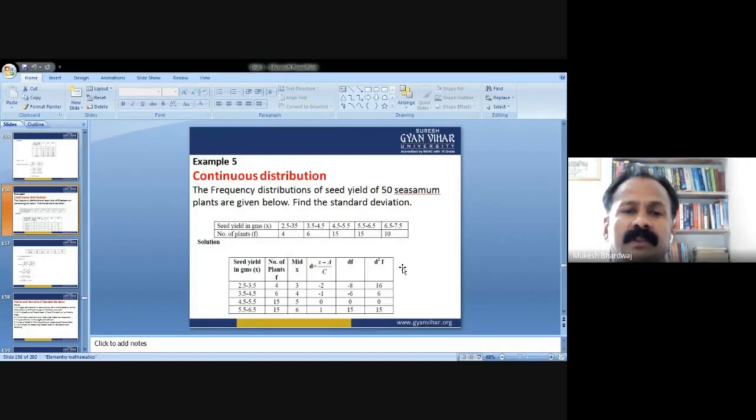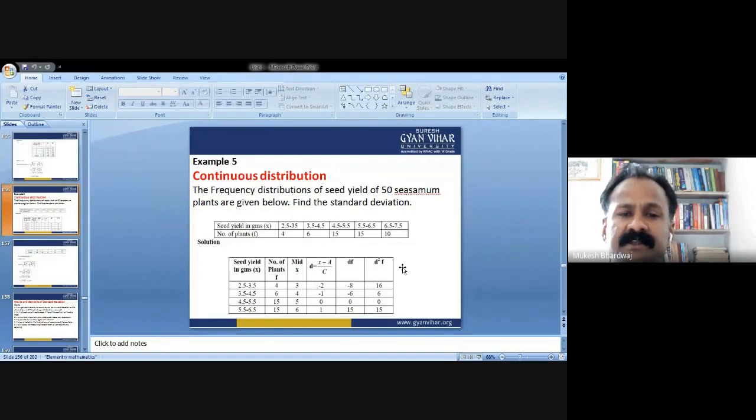Now, standard deviation for continuous class distribution type of data, that is, data provided in a class range or class distribution. Again, the frequency distribution of seed yield of 50 shisham plants is given below. Find the standard deviation.